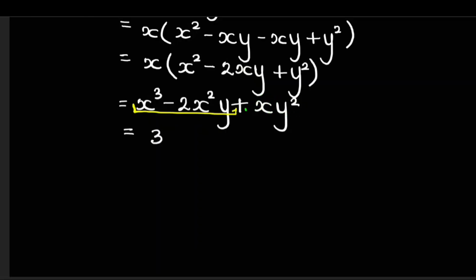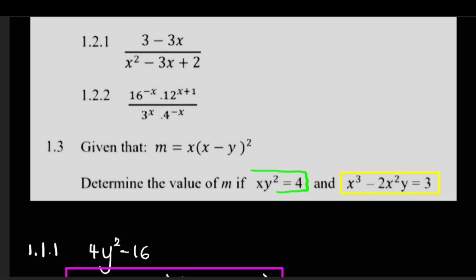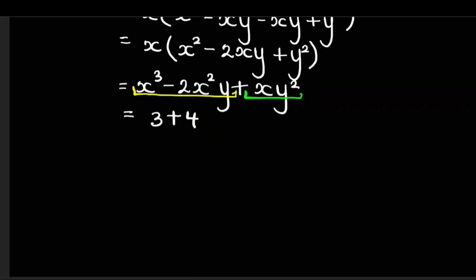And we notice that the last term here, x squared y, was given to us as well, where that was given as x squared y is equal to 4. So we can replace that part with 4. Now 3 plus 4 is 7. So we now know the value of m. M is equal to 7.